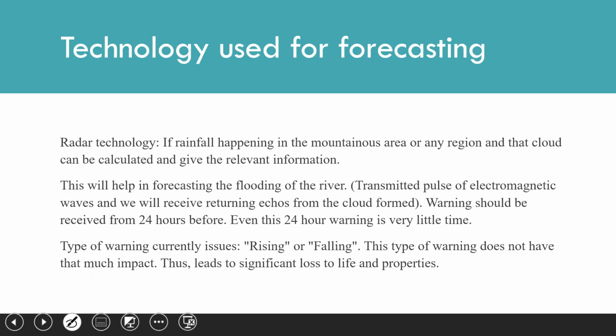Okay, so moving ahead, what are the technologies we use in forecasting of the flood in India? One of the technologies, the prominent technology that we use, is radar technology.